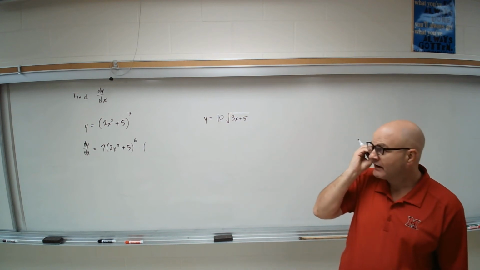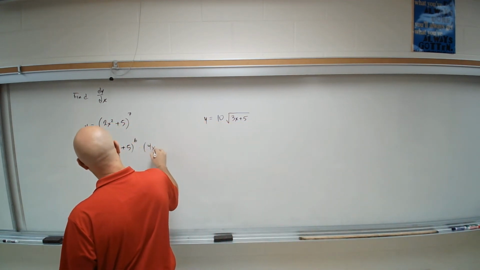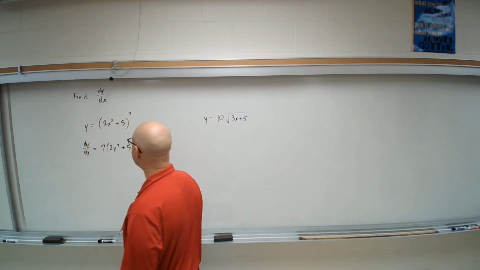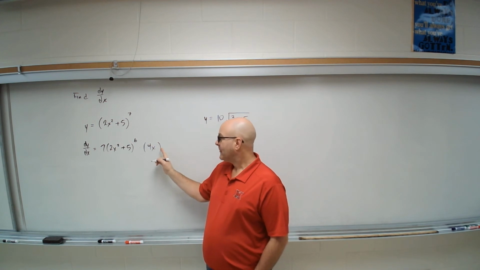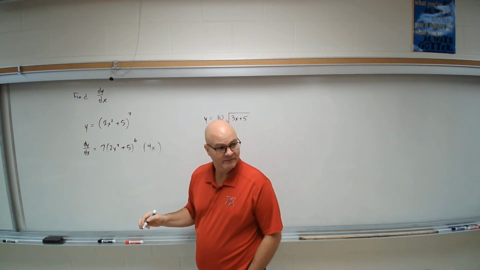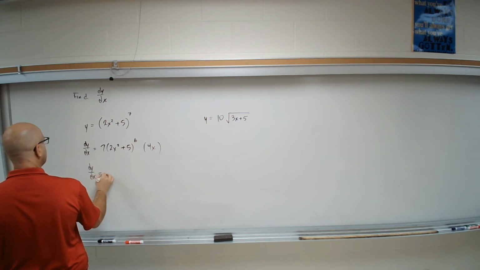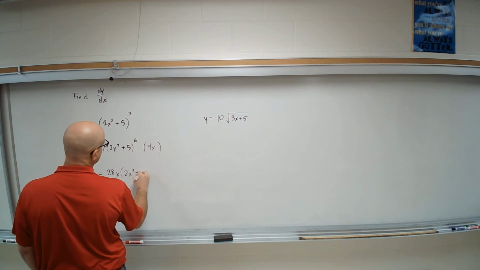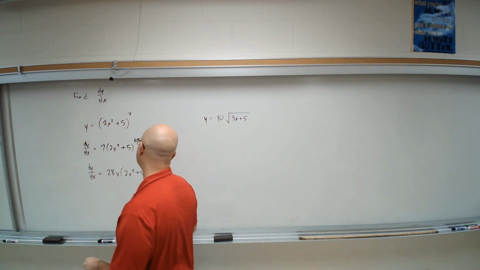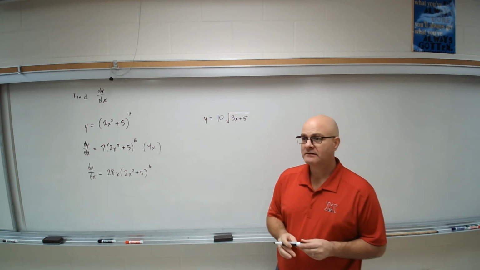But the derivative of 2x squared would be 4x. The derivative of 5 would just be 0. We really should put this over there with the 7, I think. So let's say the derivative of y with respect to x is 28x times 2x squared plus 5 to the 6th power. Did we get that?